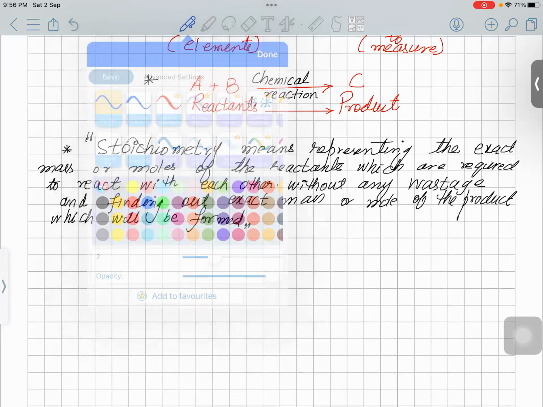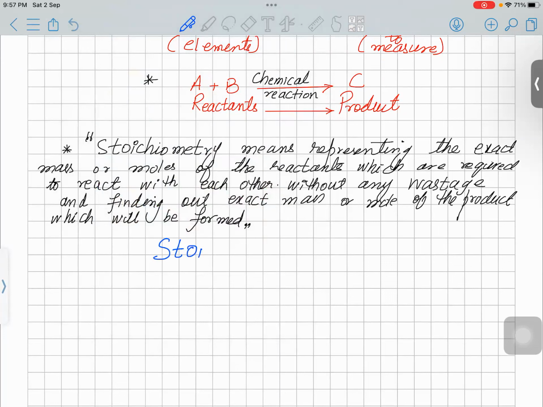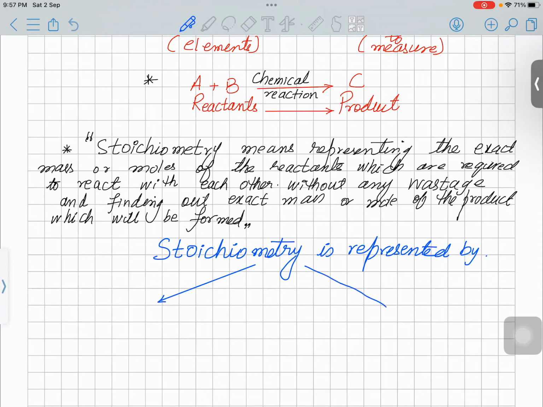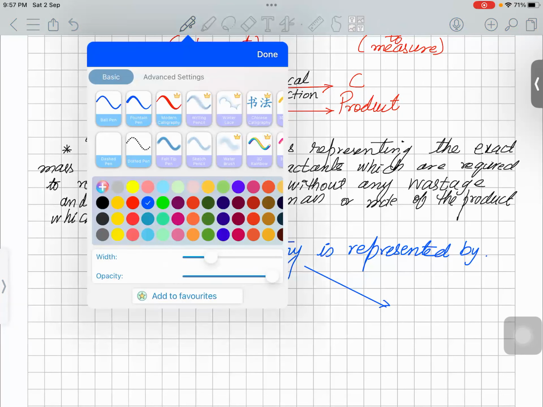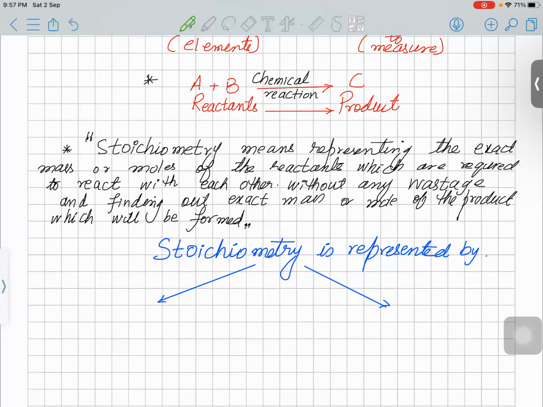So stoichiometry is represented, number one, by a balanced equation.